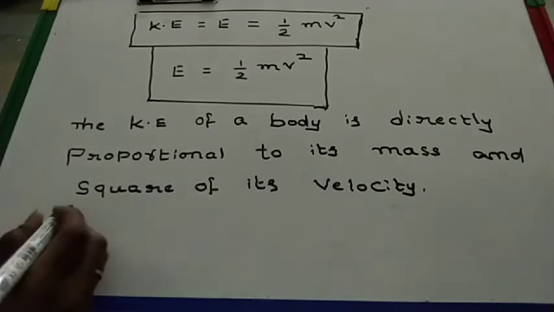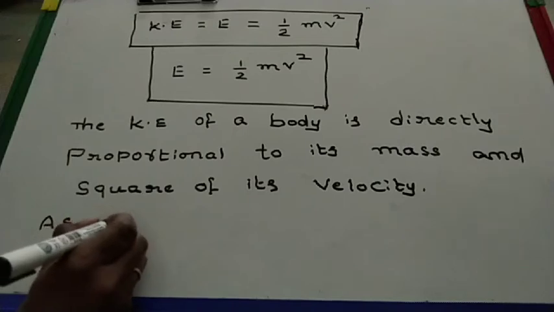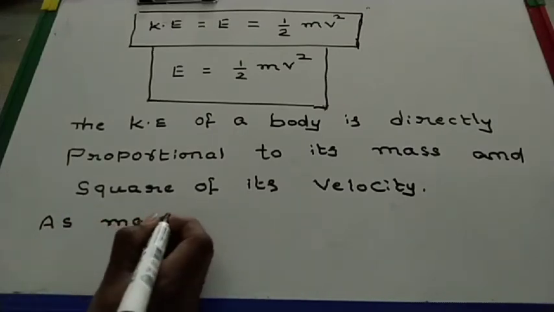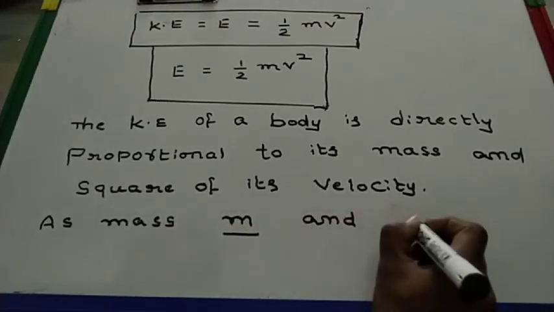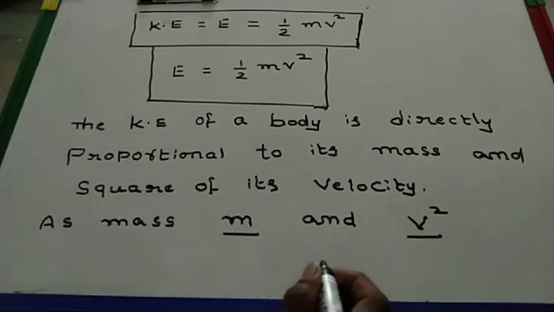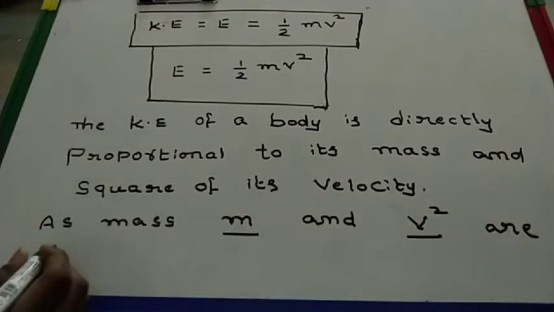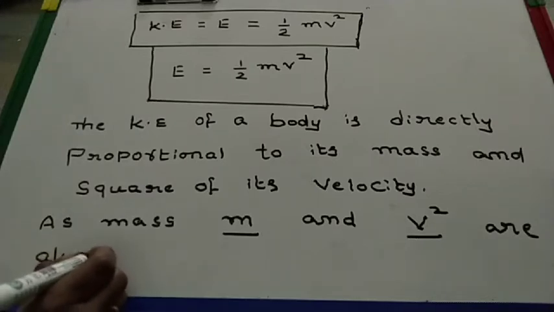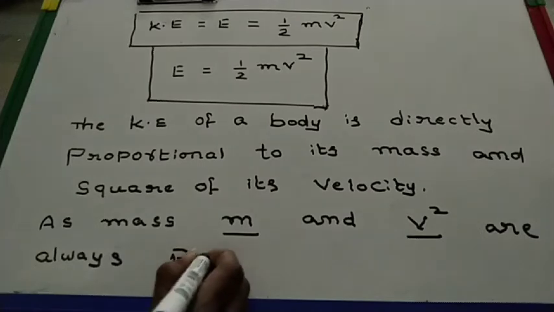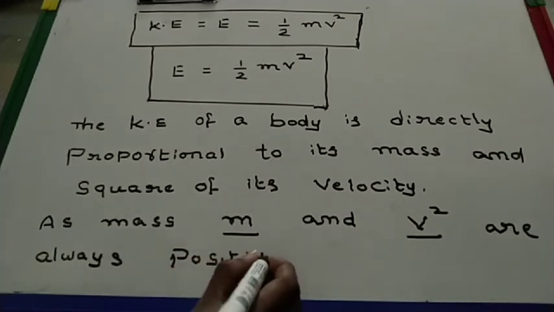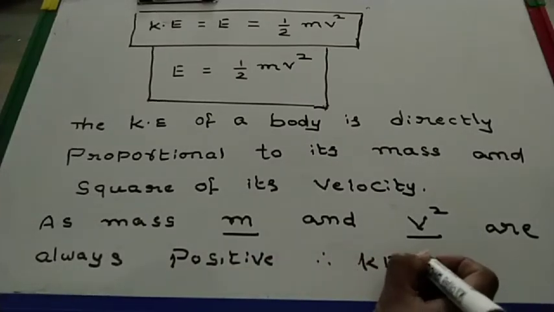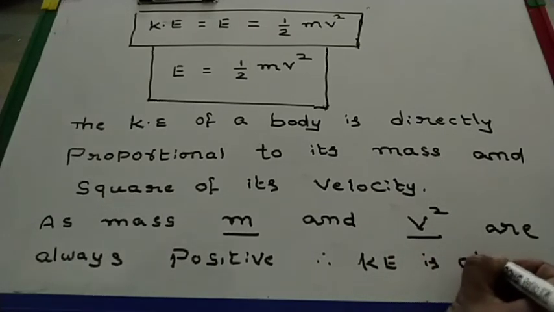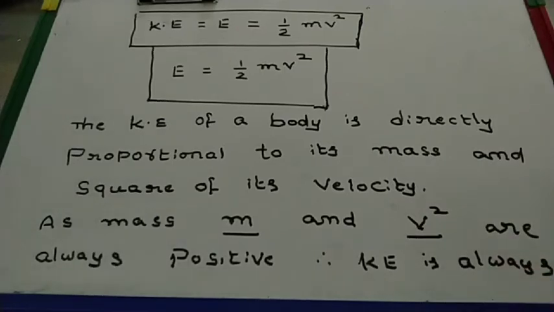Okay, that means as mass m and velocity square are always positive, therefore, kinetic energy is always positive.